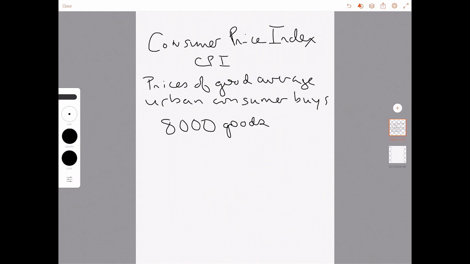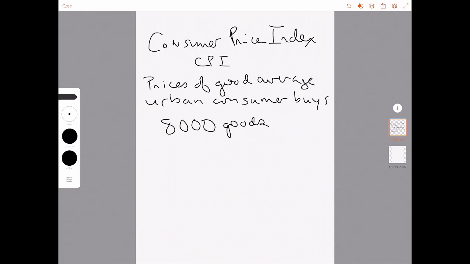They go out and shop for goods. They go out and price compare for goods, for these 8,000 goods. And these people every month go out and kind of canvass their areas, looking at prices to see what's going on with prices. Have prices gone up? Have prices gone down? If so, can we figure out why?